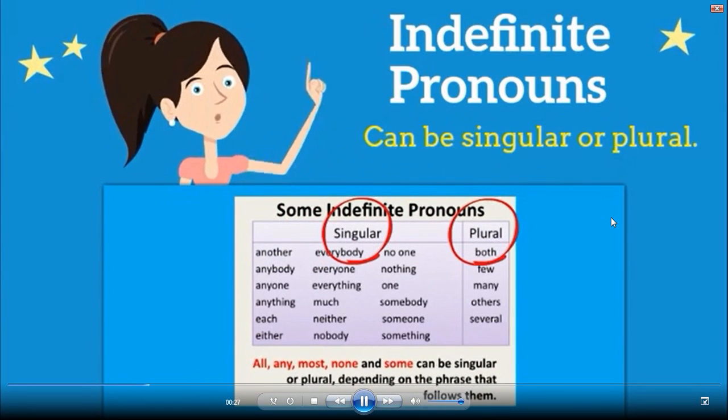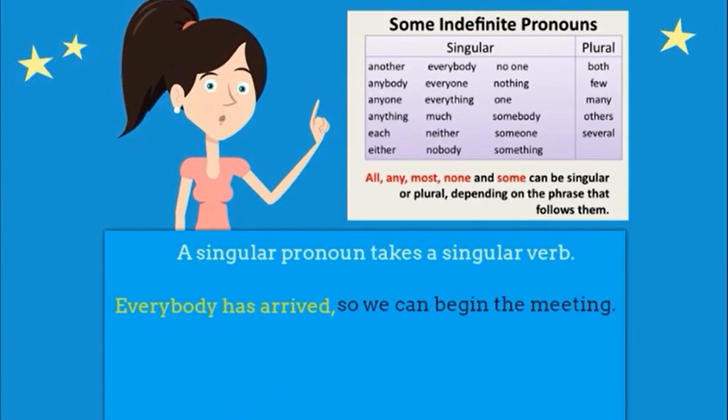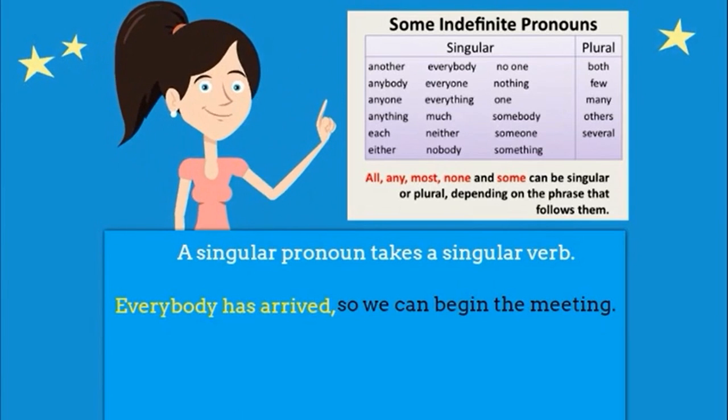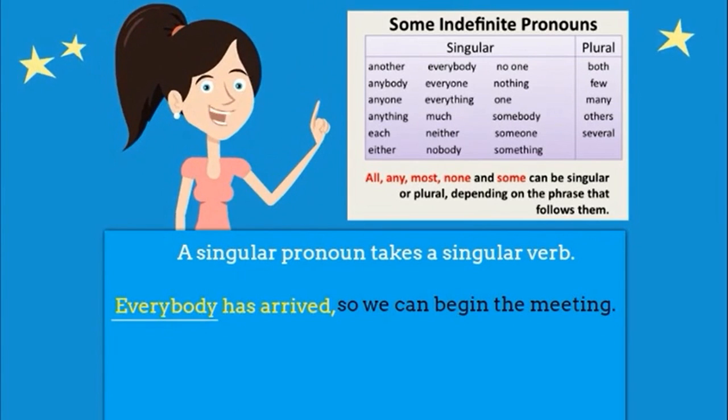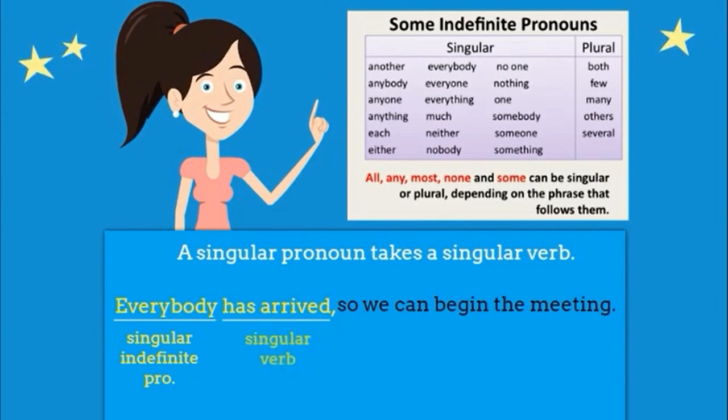The singular indefinite pronoun often ends in one or thing, and plurals don't. A singular pronoun takes a singular verb. For example, everybody has arrived, so we can begin the meeting. Everybody is your singular indefinite pronoun and needs the singular verb has.